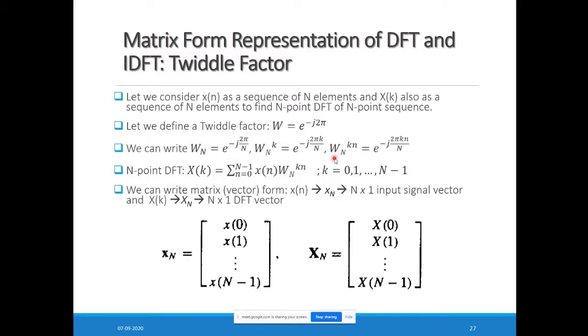Similarly, W suffix N raised to kn is equal to e raised to minus j 2 pi kn divided by N. This is how we define the Twiddle factor.